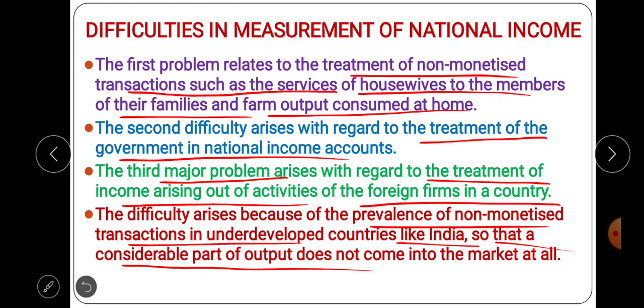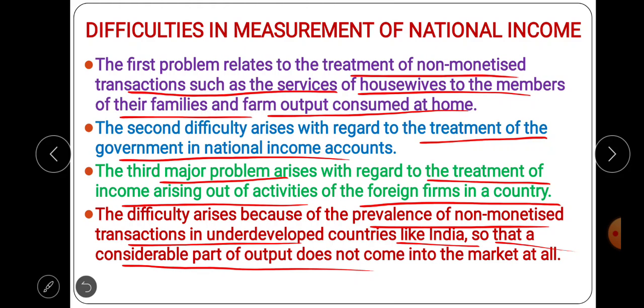So, if we are talking about agriculture still being in the nature of subsistence farming in these countries, a major part of output is consumed at the farm itself. So, the national income statisticians therefore have to face the problem of finding suitable measures for this part of output.